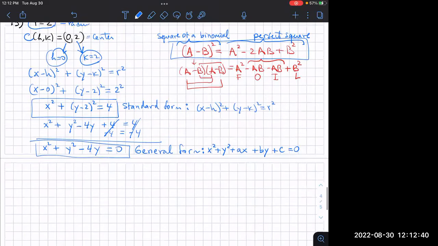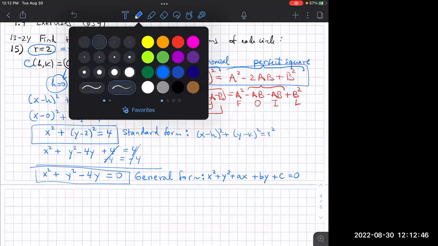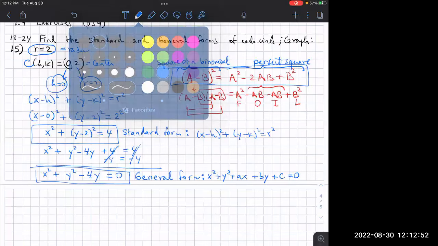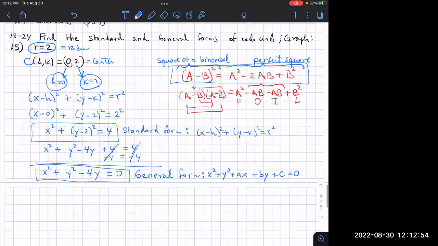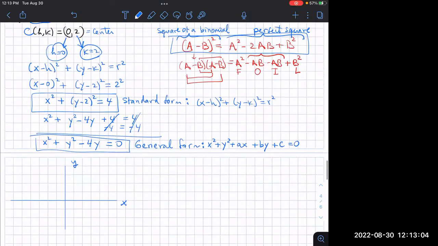Oh, does it say graph? Oh yeah, it says graph each circle. Okay, so to graph, I just need the center and the radius. The center is 0, 2.